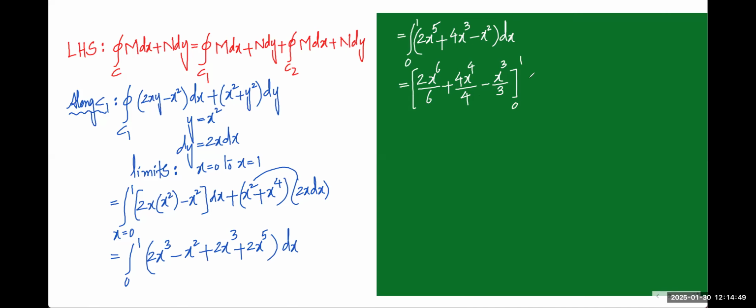Now if we simplify, the upper limit, putting in place of x, 2 by 6 is nothing but 1 by 3. 4 divided by 4 is 1, minus 1 by 3. Lower limit we are not getting anything. Of course, plus 1 by 3 minus 1 by 3 will be cancelled. So the C1 part answer is 1.